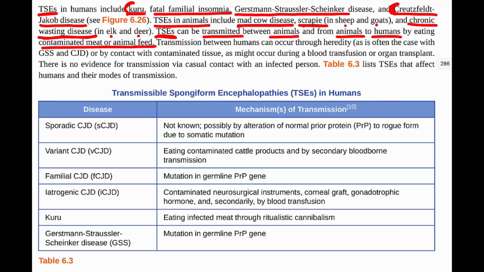pieces of their brain, inevitably brain and bone and other pieces of cow, will get mixed into things like hamburgers and steaks and things like that. And so these prions from these cows that had mad cow disease were spread across all sorts of different hamburger and steaks and various other cow products.